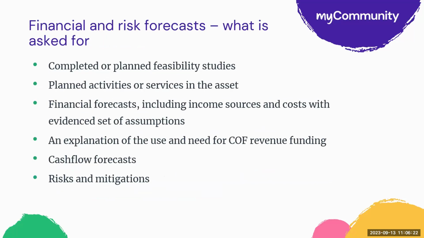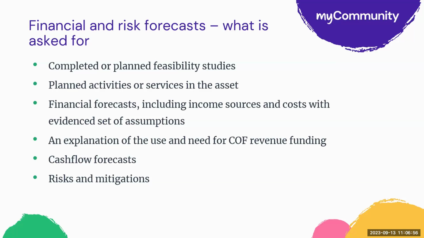Finance and risk forecasts. What you're being asked for is to give details of any completed or planned feasibility studies or research into income streams. Details of the planned activities or services in the asset. Now, where you're already running the asset, that will be details of what you're already doing, but also what the COF funding is going to allow you to do, which is additional.